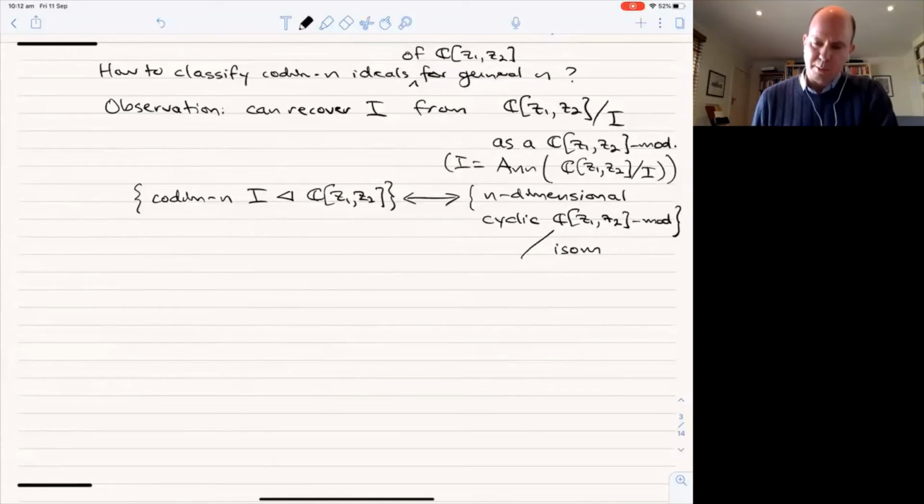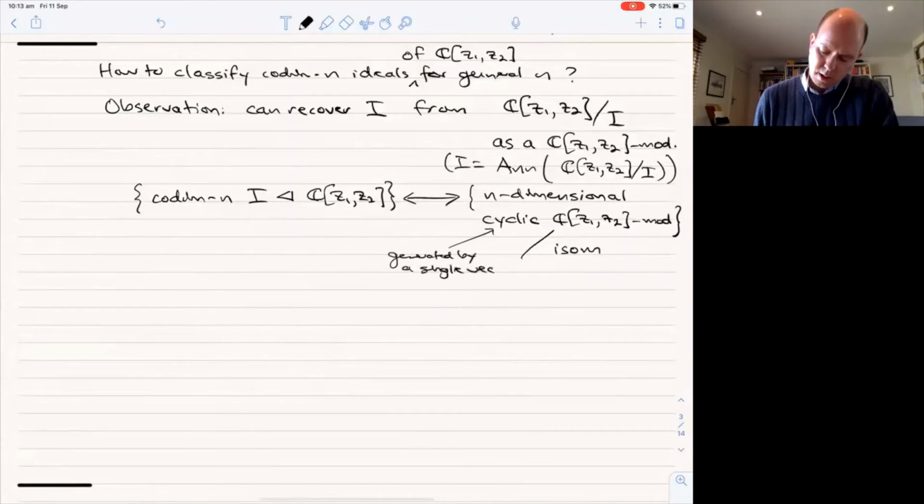Cyclic here means generated by a single vector, because every cyclic module over this ring is isomorphic to a module of the form where you just quotient out by a single ideal.